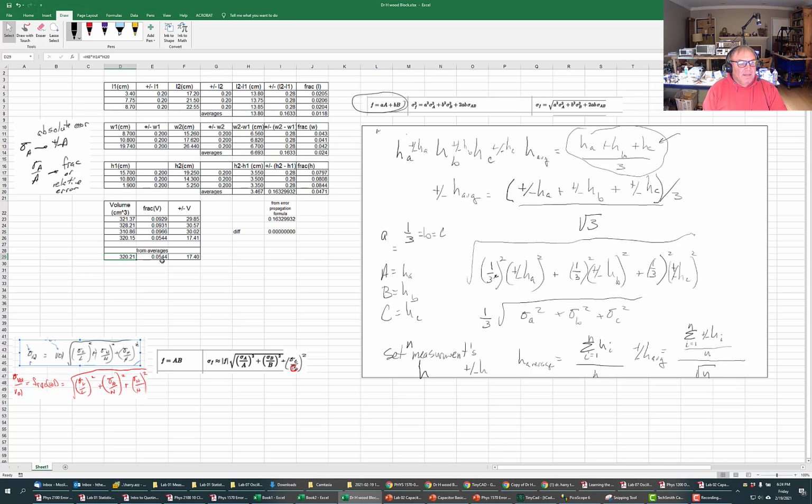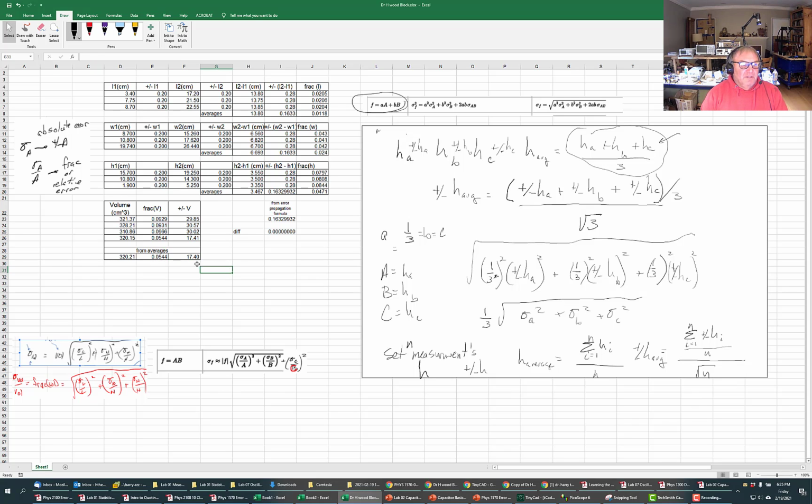And then we did the standard error propagation formula here by taking the fractional error that we calculated, and we ended up with this, and then we multiplied the value times the fractional error, standard technique, and we got a plus minus.